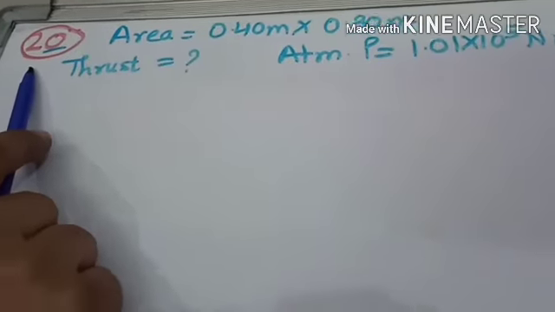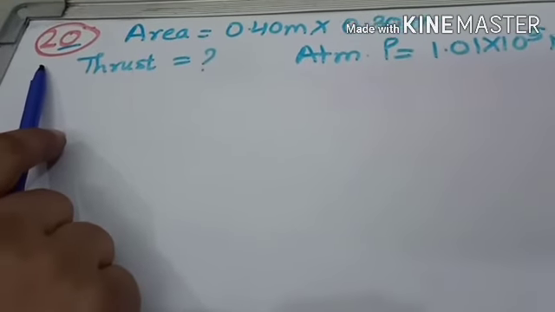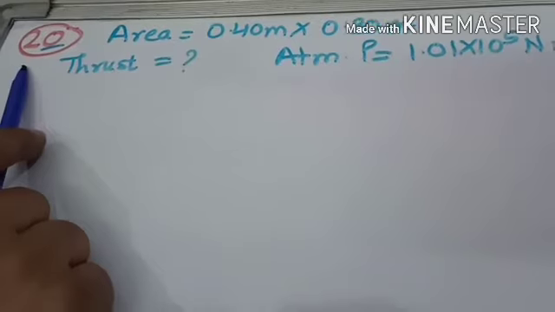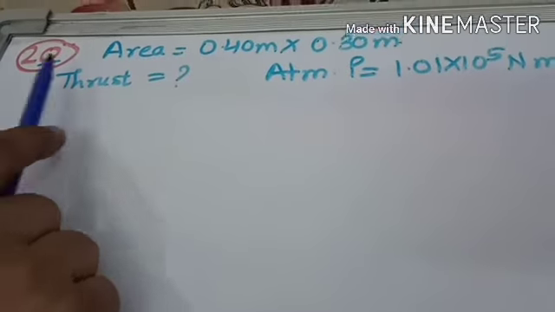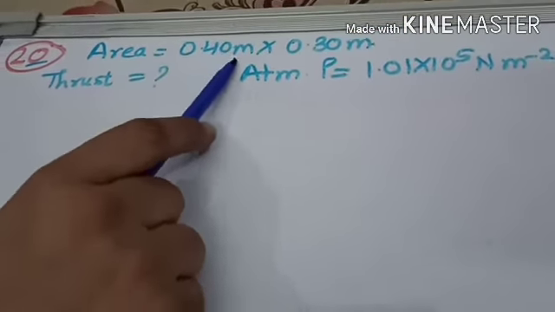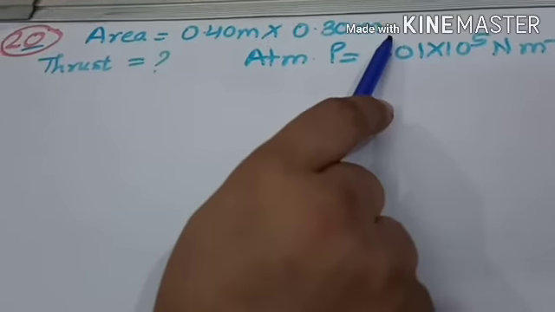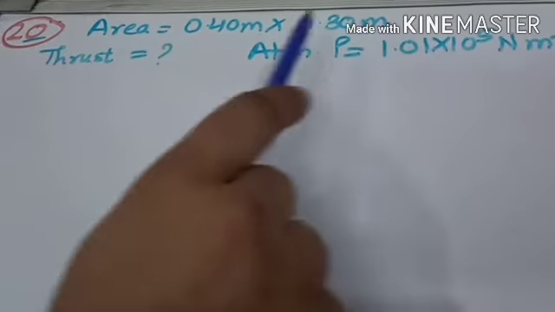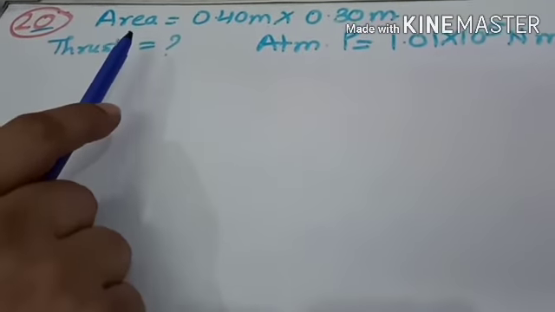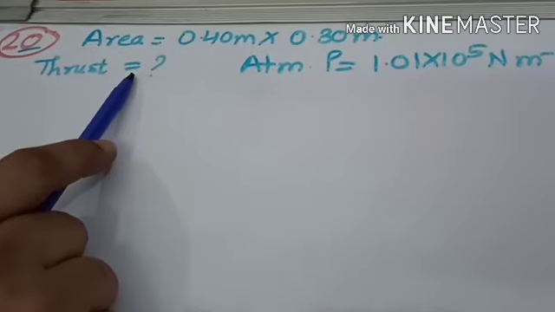Question number 20. It says that a television tube has a flat rectangular end of size 0.40 meter into 0.30 meter. Now we have to calculate the thrust exerted on this end by the atmosphere.